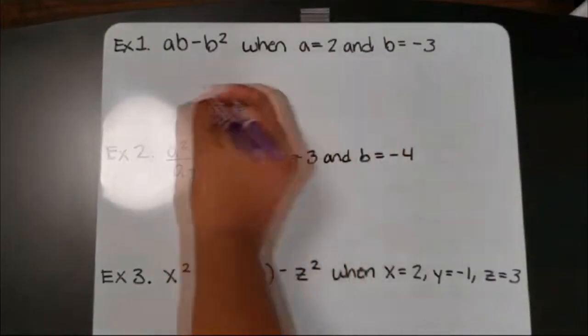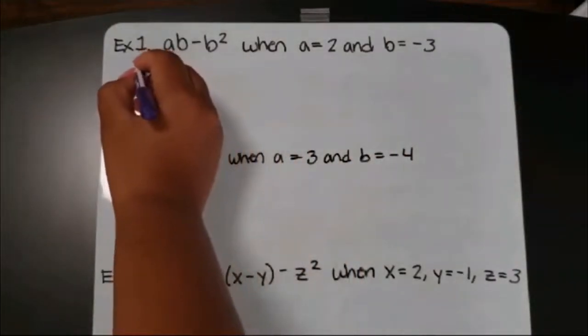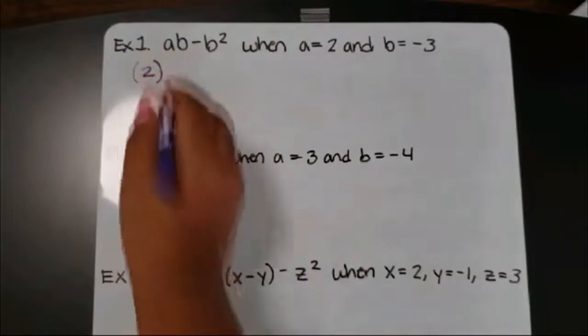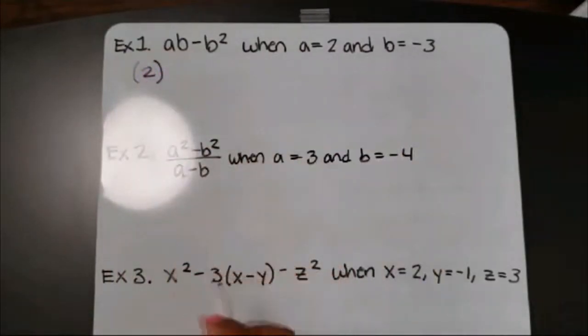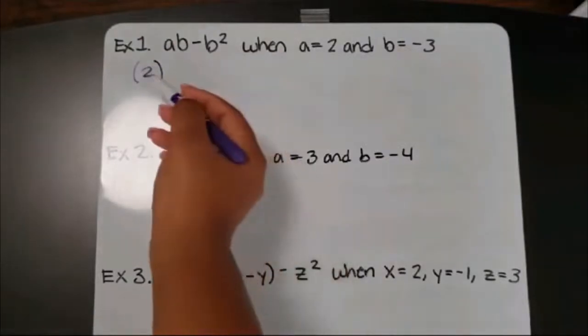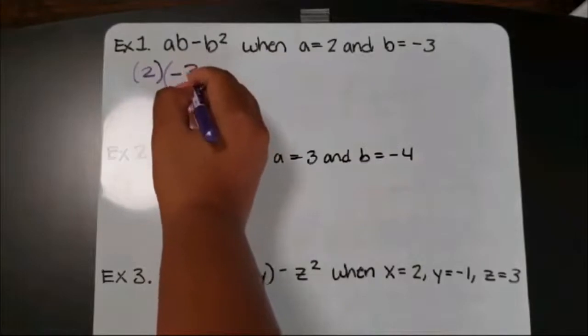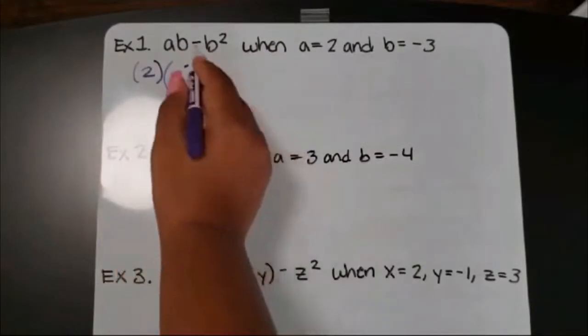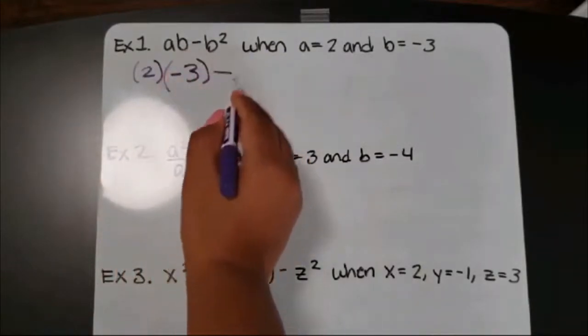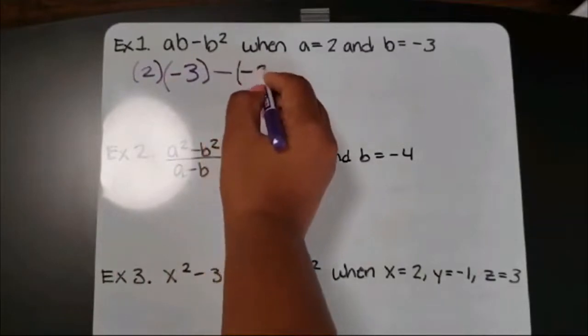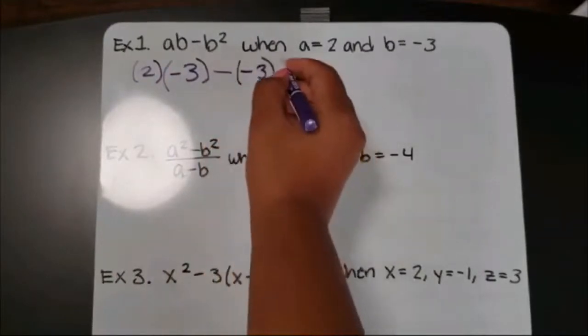So if I put a 2 in for A, and every time you plug something in, make sure you put it in parentheses. So this 2 just went in for A. For B, I'm going to put in a -3. Then I have my minus sign. Then for B, I'm going to put in a -3 again.